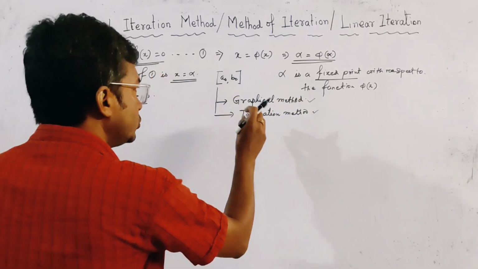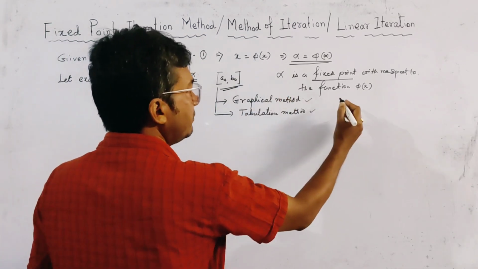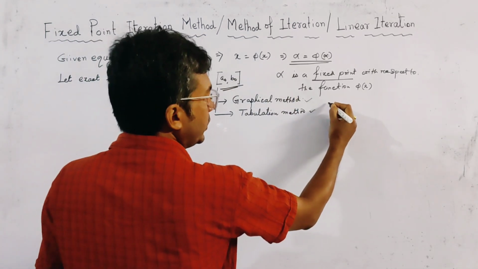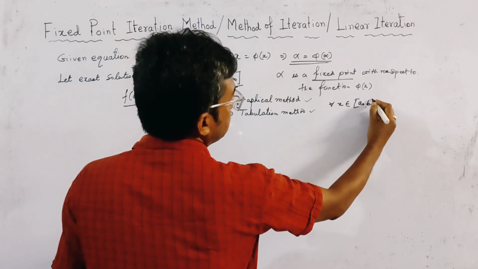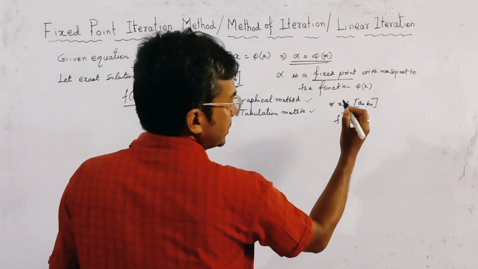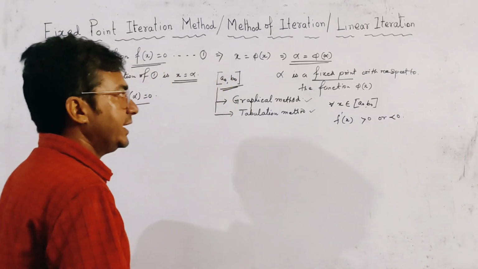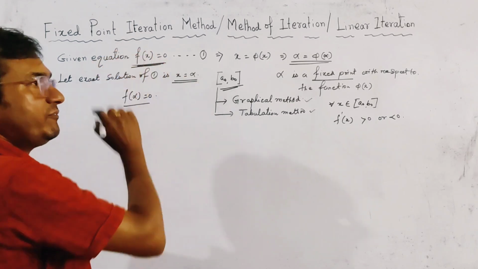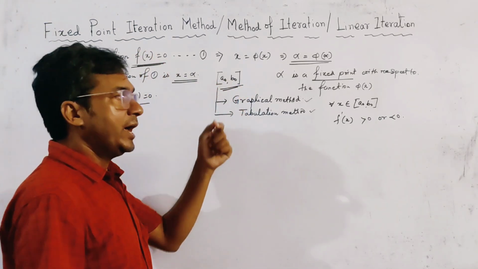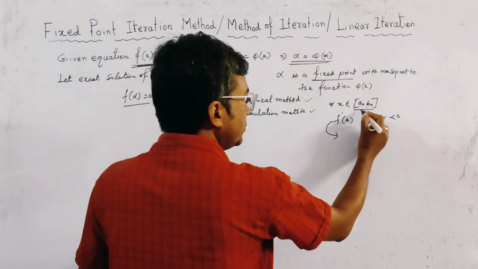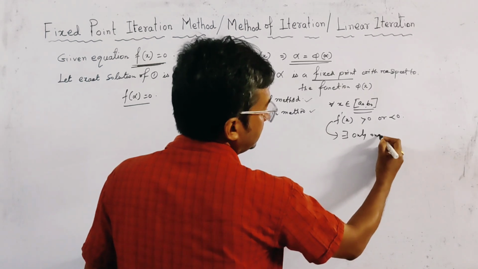Also, for all x belonging to the interval [a0, b0], f'(x) must be either greater than 0 or less than 0. That is, the function f(x) must be increasing or decreasing in the interval [a0, b0]. For this reason, in [a0, b0] there exists only one root.